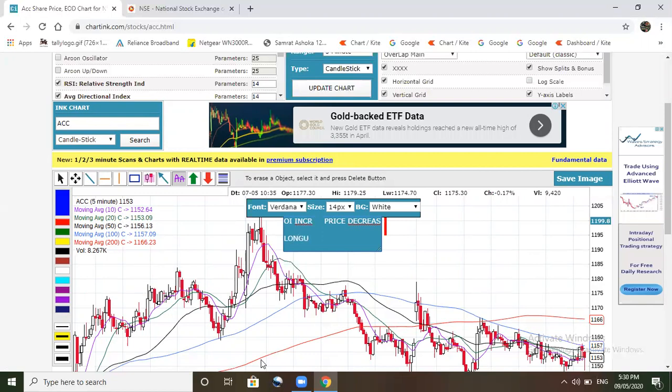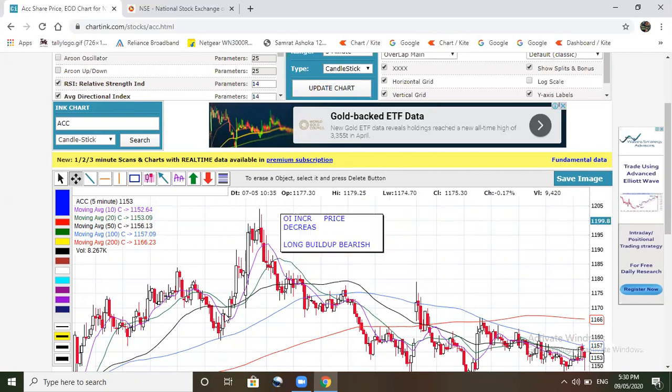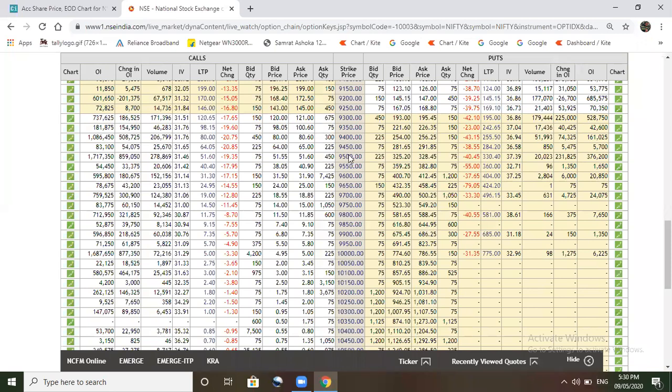Long buildup on put side is bearish, like we have seen in a recent example. Yesterday, at the 9,400 level, 74,325 quantities were added and the price of Nifty also went down from this level. So there was a put buyers' long buildup and it is bearish for Nifty.